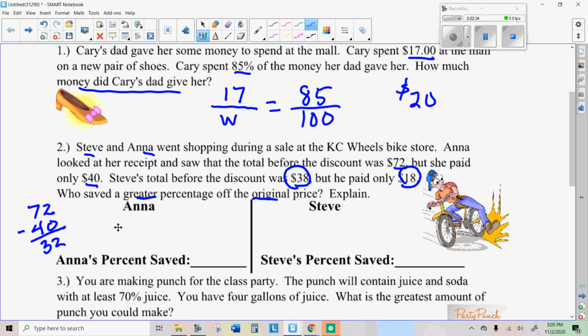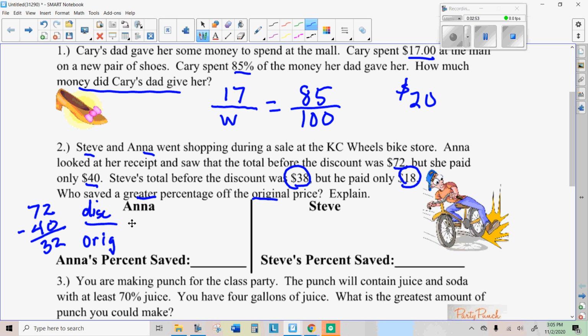So I'm going to use the original price as my whole, and you can take this to the bank, you're always going to use the original as the whole. Okay, and then I'm going to use the savings, the money she saved, the discount, as the part.